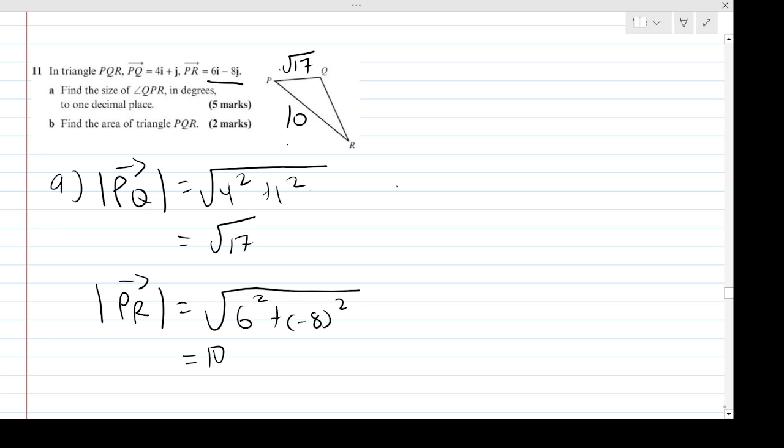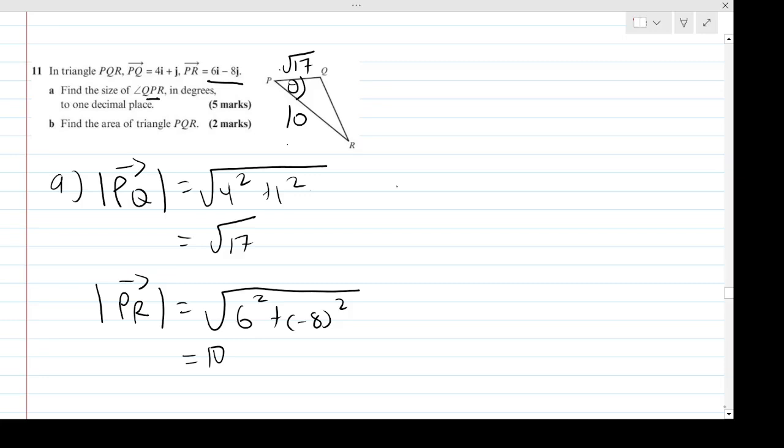Obviously, the size of angle QPR, so P is in the middle, means the angle is going to be at P. I'll call that theta. Think back to when we did trigonometry. We used the cosine rule or the sine rule to work out angles of a triangle.